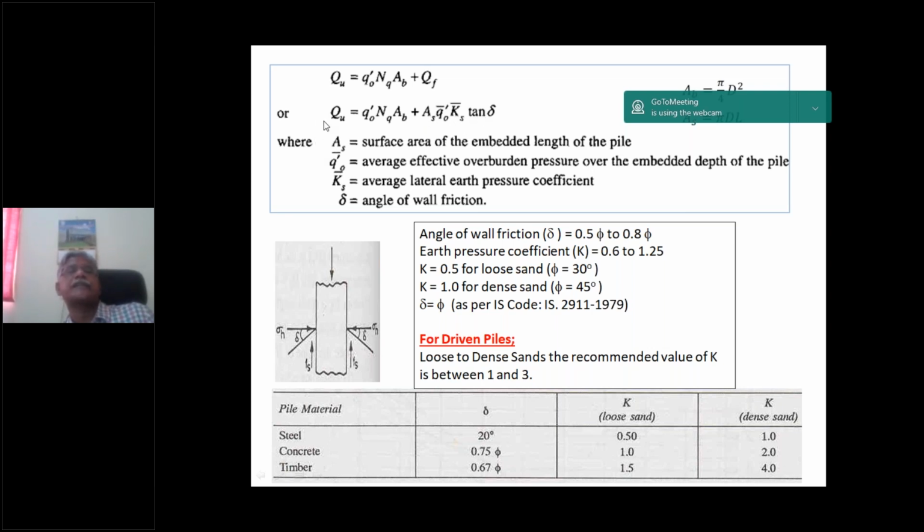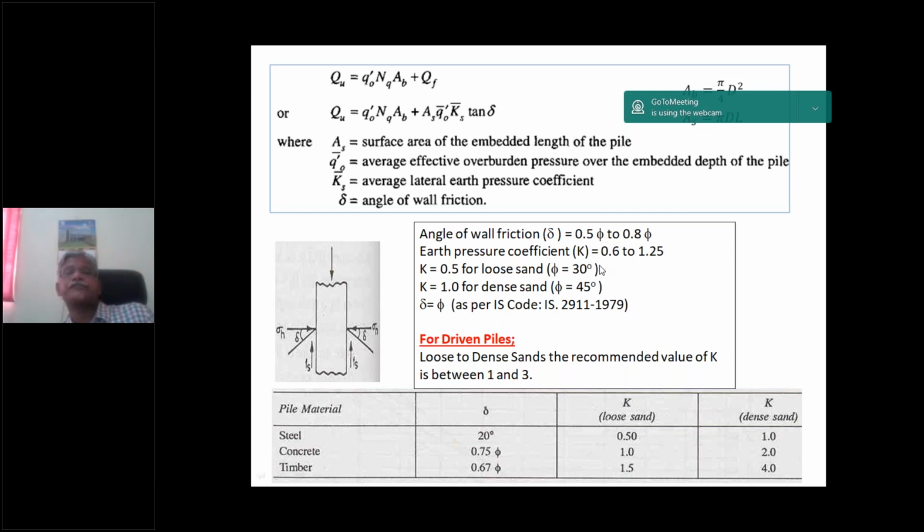That way the ultimate capacity of a pile in soil for vertical load can be calculated. The angle of wall friction delta can be taken as 0.5 to 0.8 times phi. Phi is the angle of shearing resistance that you can estimate either from the direct shear test or from the triaxial compression test.